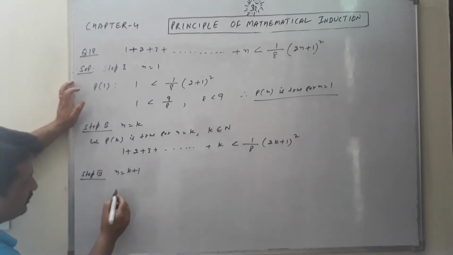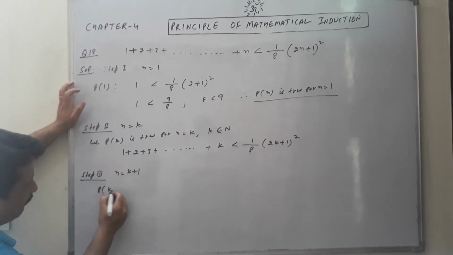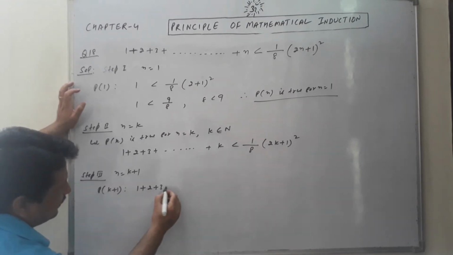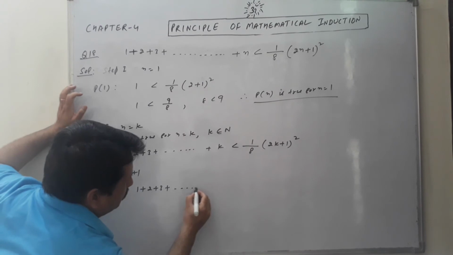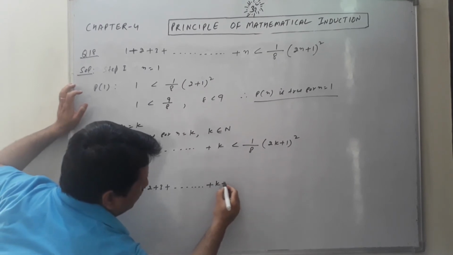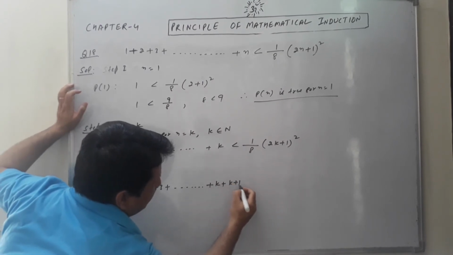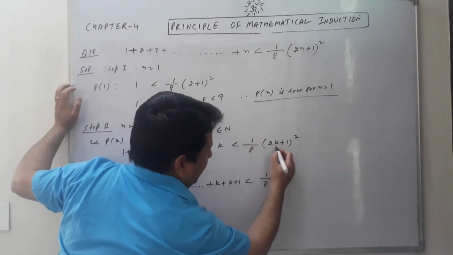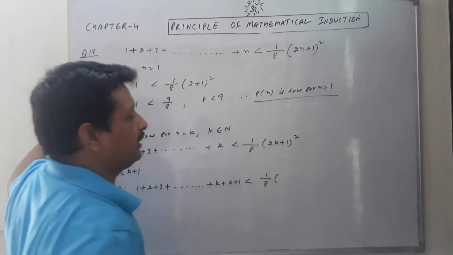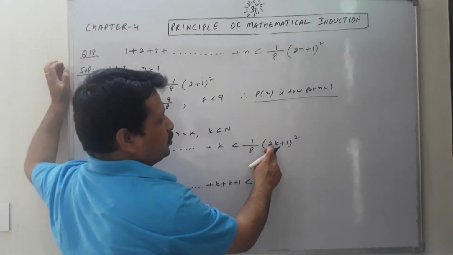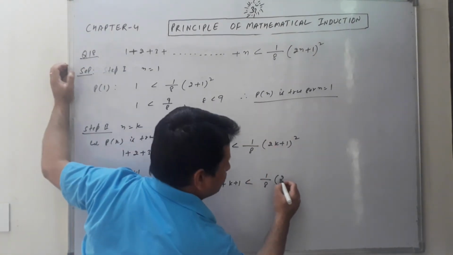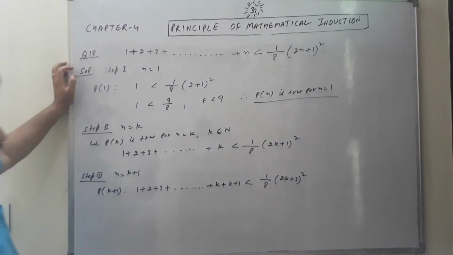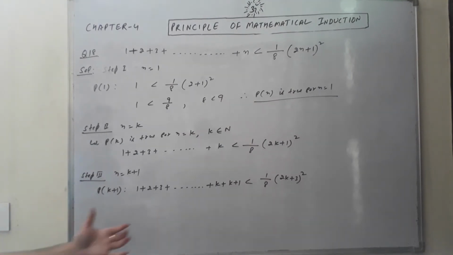So let us see, students, how you can write P of k plus 1: 1 plus 2 plus 3 plus up to k, and k will change now, it will come as k plus 1, is less than 1 upon 8, and we make this k as k plus 1, so it will come as (2k plus 2 plus 1), means (2k plus 3) whole square. This is our step number 3, students.